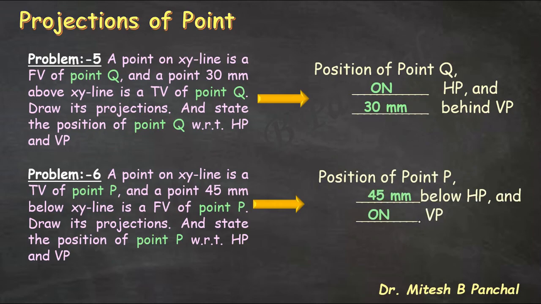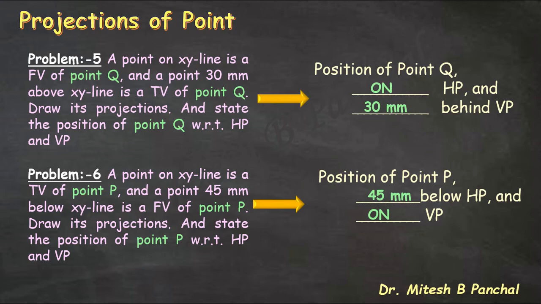Position of point P is 45 mm below HP as front view is 45 mm below XY line and point P is on VP because the top view of point P is on XY line. So I assume that with the solutions of this 6th problem, you will be able to understand the projections of a point in a much better way.